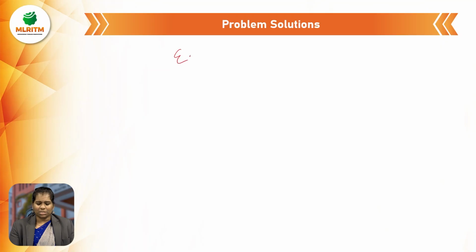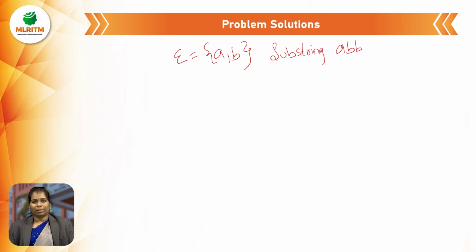They gave the condition sigma is equal to A comma B and the substring is A, B, B. So here we need to construct a DFA. First we need to write the language.